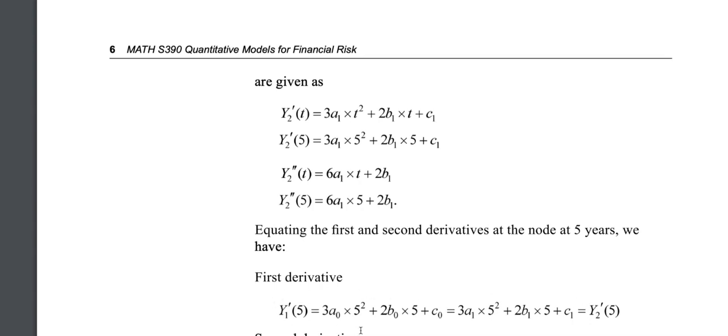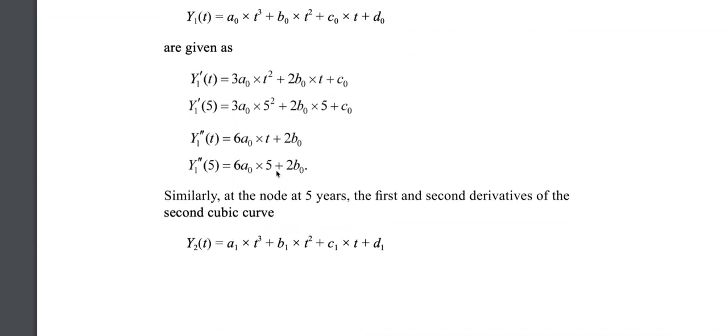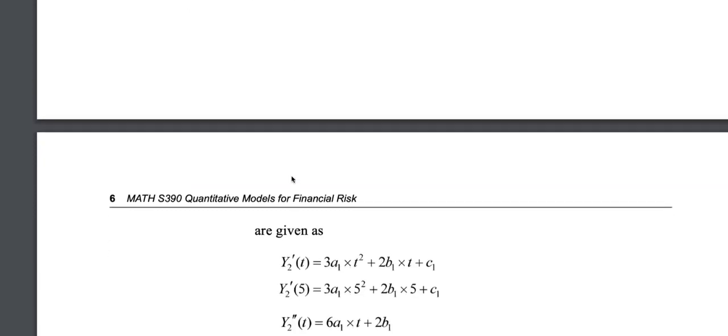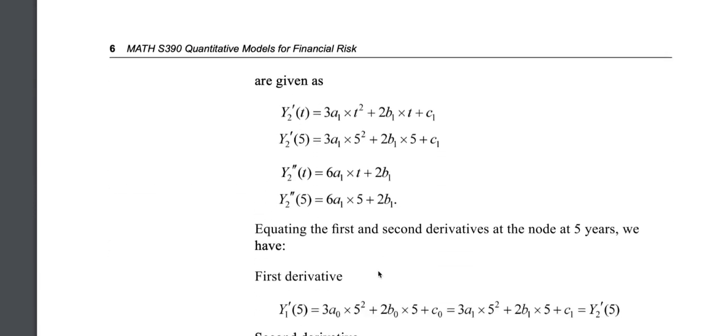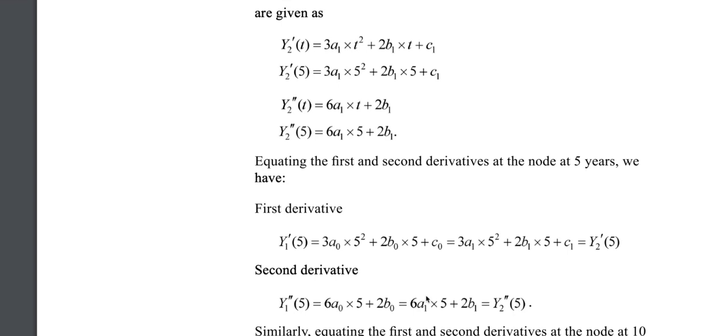So you can see the sentence over here. And also for the second derivative, that means the rate of change, both of them should be the same. That's the idea about the continuous function.